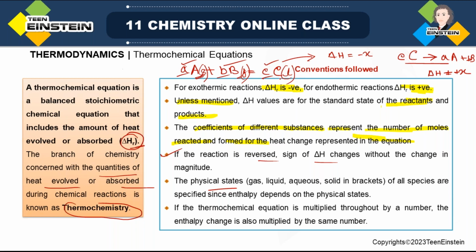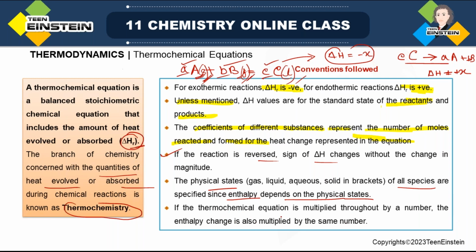Because depending on the physical state, the enthalpy value will change. The ΔH value I have written as minus X is only applicable for this physical state. If you change the physical state, this will also change. That is the reason you should mention it, the ideal way of writing thermochemical equations. So the physical states of all species are specified since enthalpy depends on physical state.